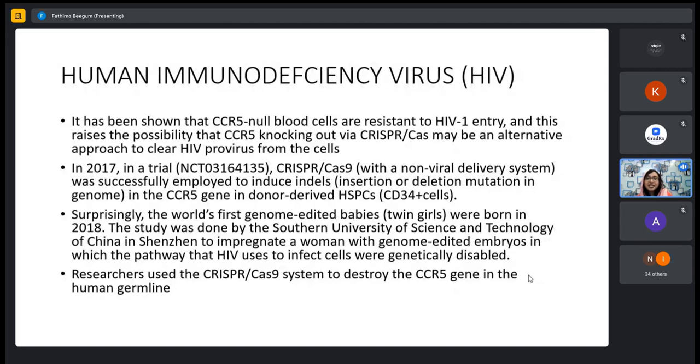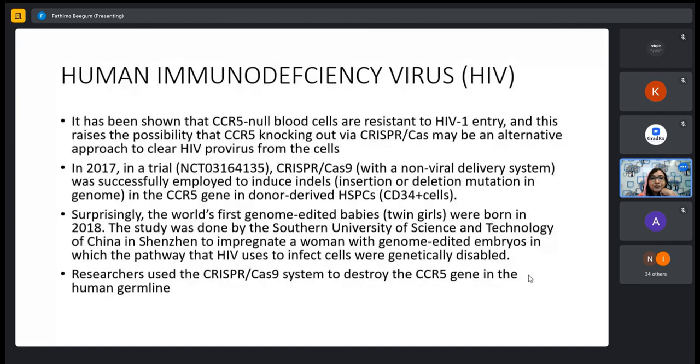But the thing is that China itself is saying that this study is illegal. So due to ethical concern, this study became stopped, or we can say the further action doesn't take place. Then CRISPR-Cas9 technology can be used to destroy the CCR5 gene in the human germline.